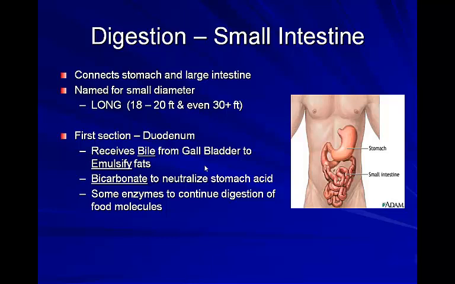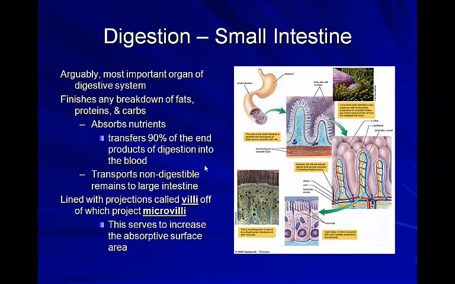Our body actually makes that as well to neutralize the stomach acid as the chyme is now leaving the stomach and going into the small intestine. And there are also some enzymes in the duodenum that continue the digestion of food molecules. So really, this is probably the most important organ of the digestive system.